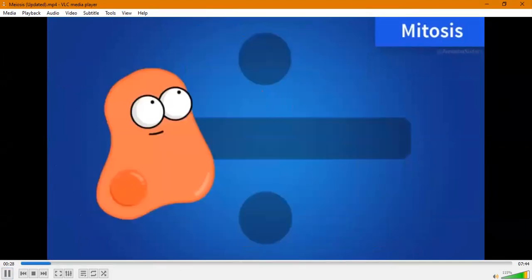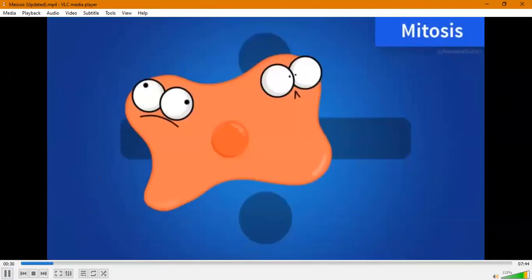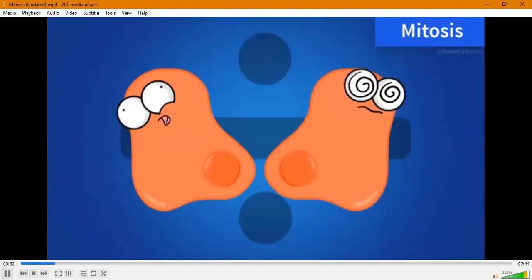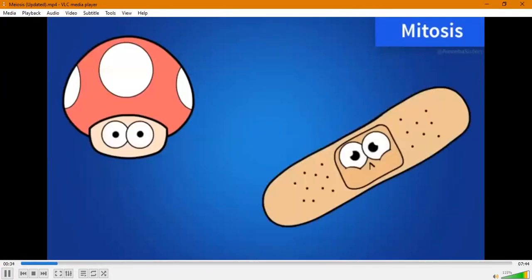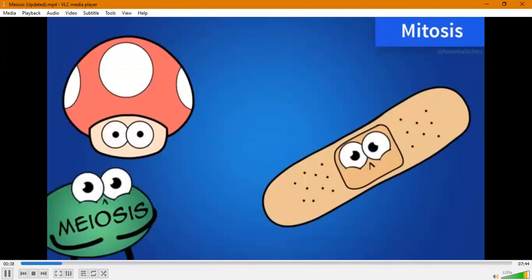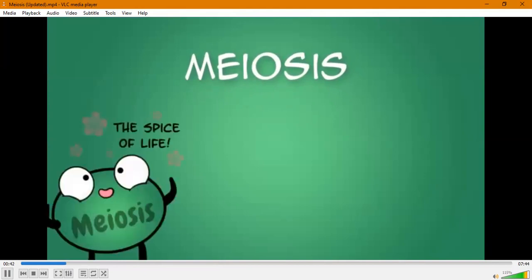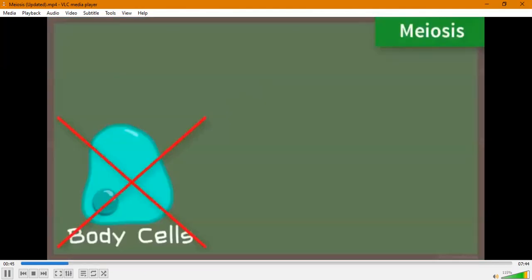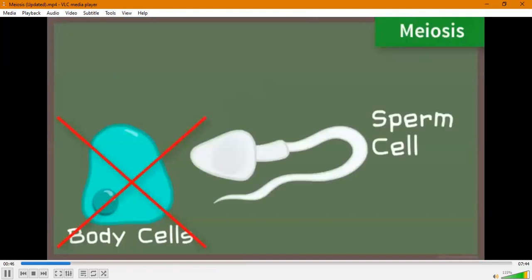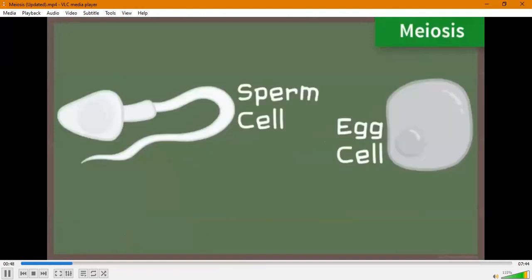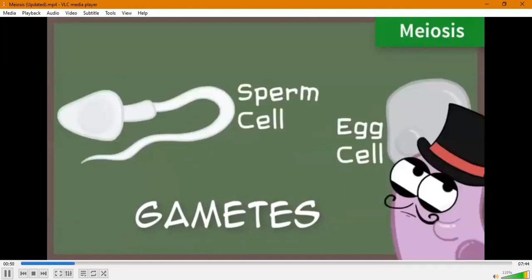Recall from our mitosis clip that since it makes identical body cells, mitosis is important for growth and for repair of damage, or to replace worn-out cells. But not meiosis. Meiosis is a process that contributes to genetic variety. Meiosis also doesn't make body cells. It makes sperm and egg cells, otherwise known as gametes, the fancier word.